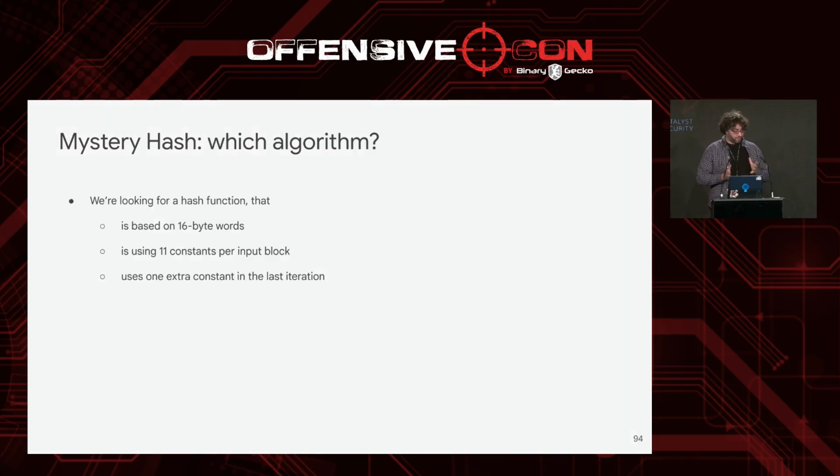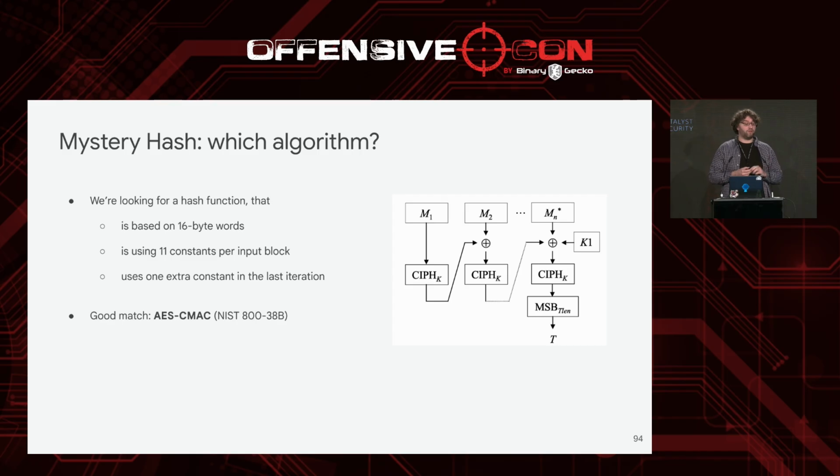Now, let's summarize what we know about this mystery hash. It's 16-byte word-based. It uses 11 constants per input block, and there's one extra constant used in the last round. This matches perfectly with an algorithm called AES-CMAC. It's based on AES-128, so it uses 16-byte words.